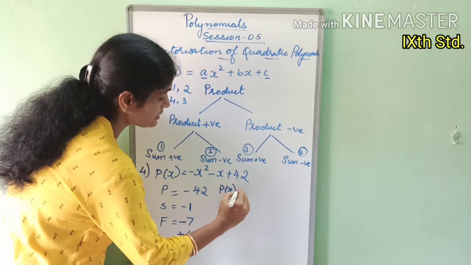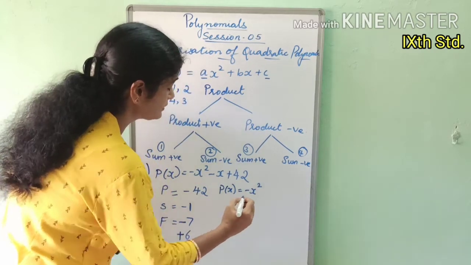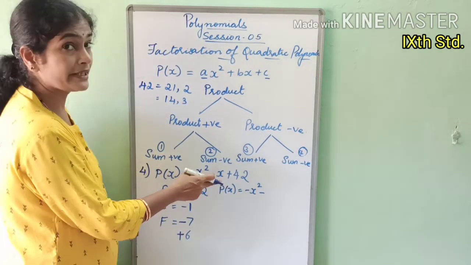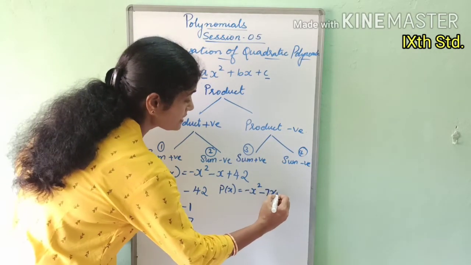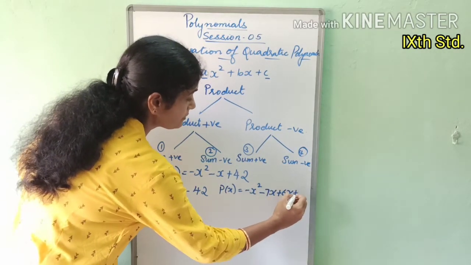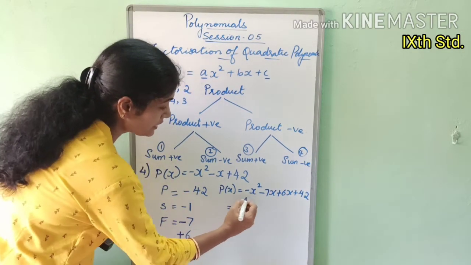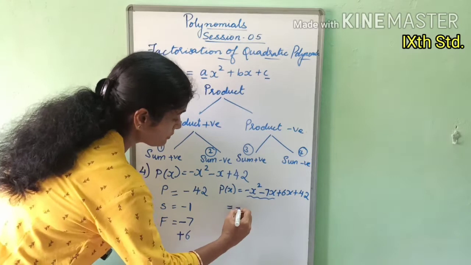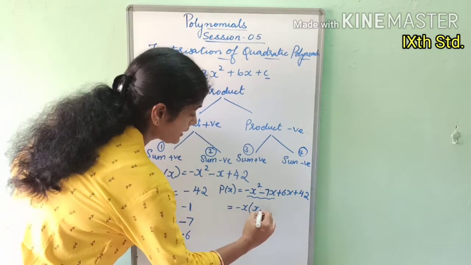So, P of x is equal to minus x square. Instead of writing minus x, we are writing it as minus 7x plus 6x plus 42. In this, you can take out minus x common, so it will be x plus 7.